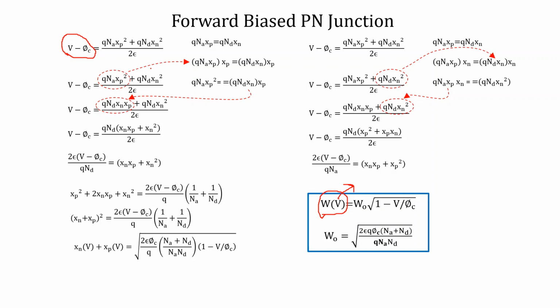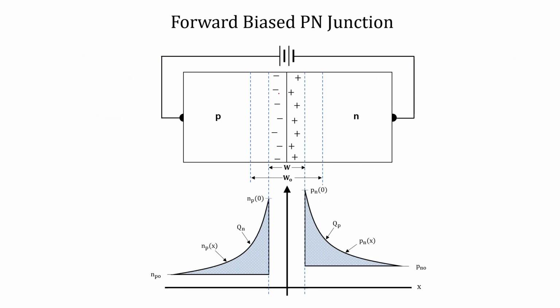let us first look at the charge neutrality of the depletion region. We have already discussed that the density of negative charges here is Na and the density of positive charges here is Nd. Now what will be the charge density?